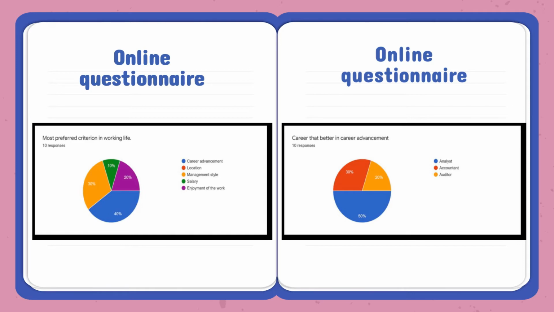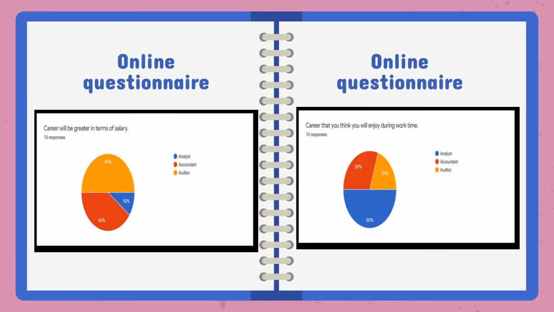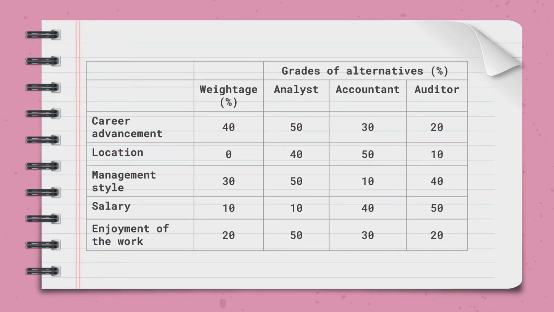The first one is the most preferred criteria in working life: the career that is better in career advancement, the career where you think it would be better if the workplace is near your house, the career that would give better management style, the career that is greater in terms of salary, and the career that you think you will enjoy during work time. When summarized in a table, the result is shown below.